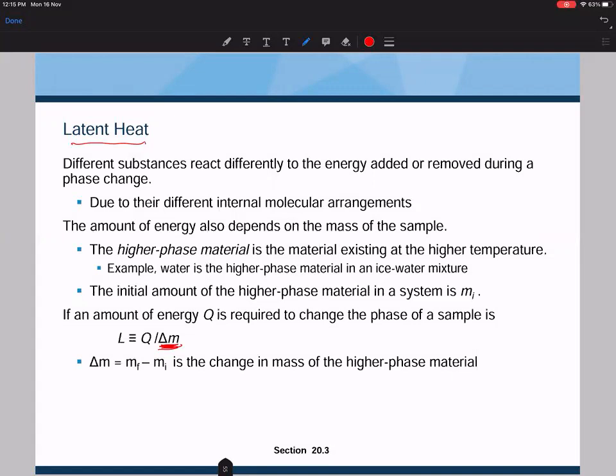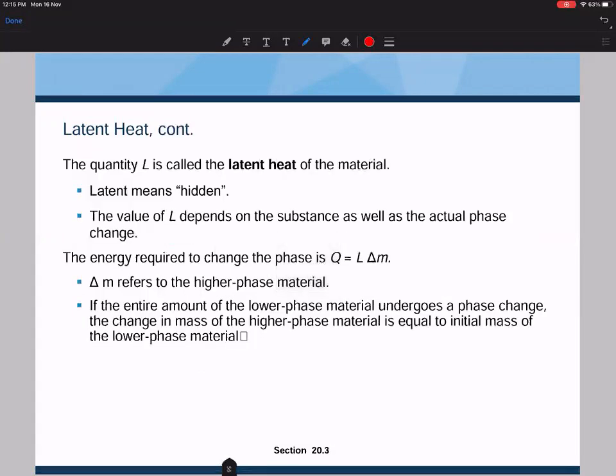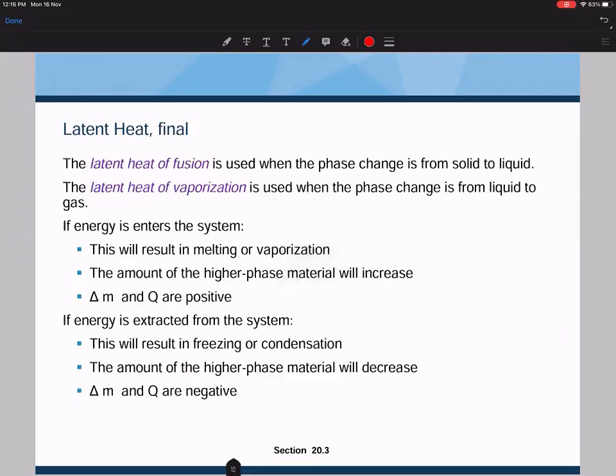One type is the latent heat of fusion, and that refers to the phase change between liquid and solid. The other type is the latent heat of vaporization, and that refers to the phase change between the liquid and the gas.